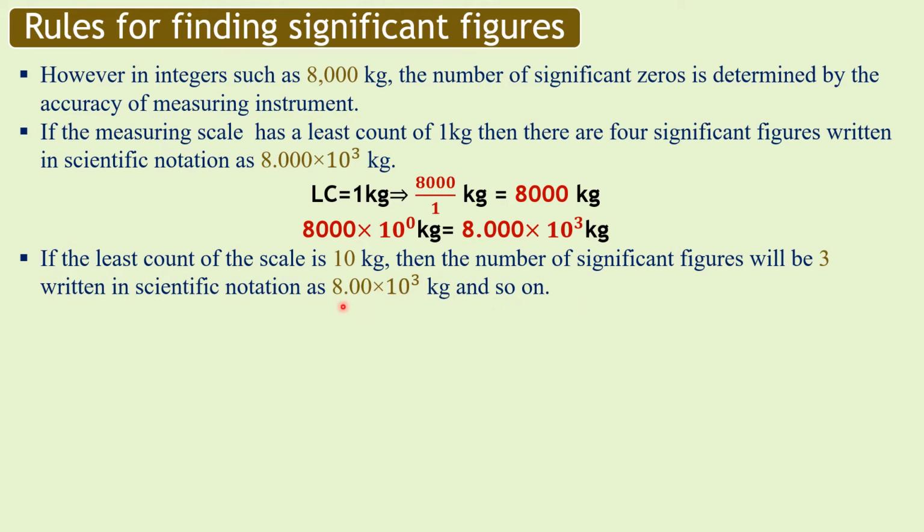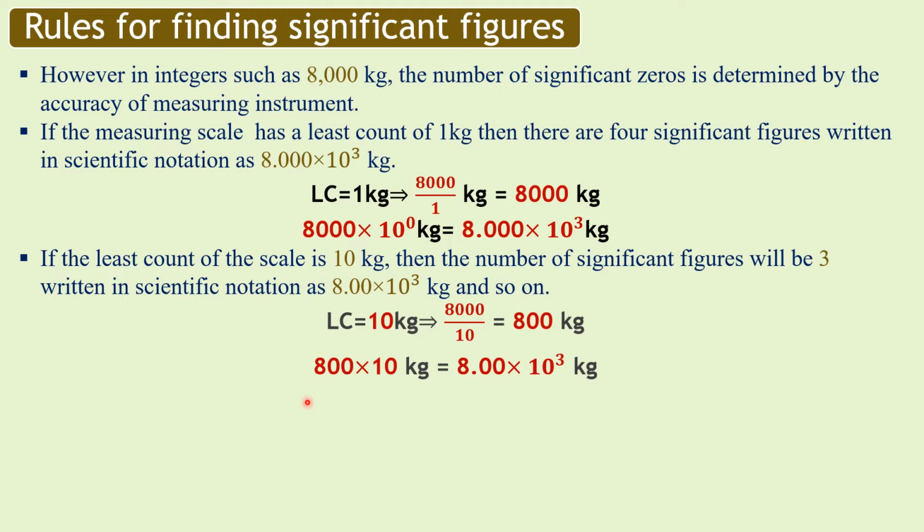Because the least count of this measuring instrument is greater than the previous one, here the number of significant zeros is less than the previous case. In 8.00 there are three significant figures including two zeros and one 8. We can understand this with the help of a mathematical formula. Just divide the value 8000 by the least count, that is 10, we get 800 kg.